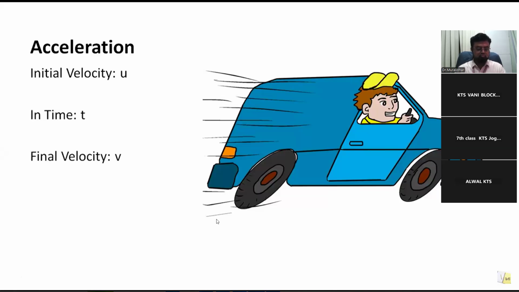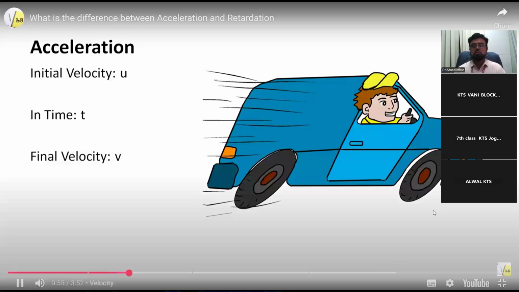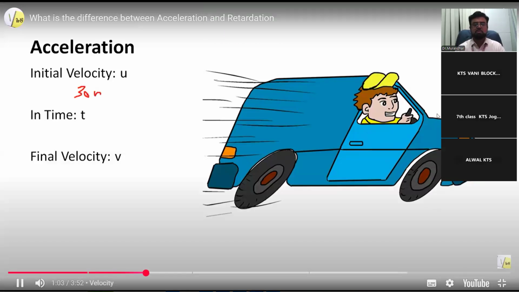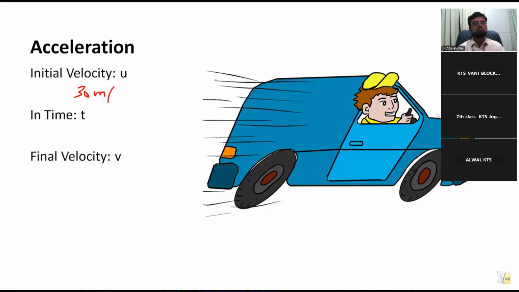Suppose the initial velocity u is 30 meter per second, and within 1 second the velocity changes from 30 to 50 meter per second.